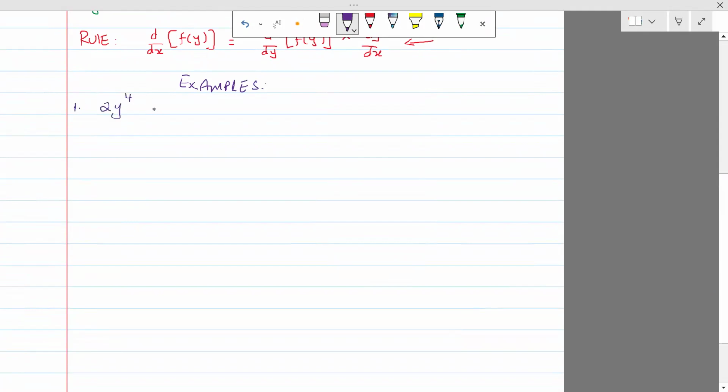Take 2y to the 4. So now instead of writing these, let u equal this and then differentiate, we are going to work this out in a different manner.